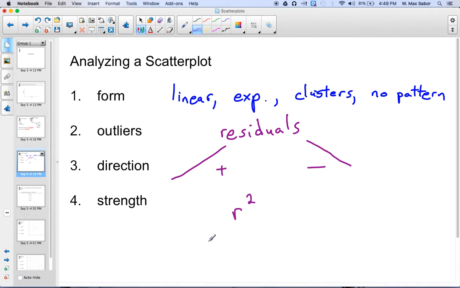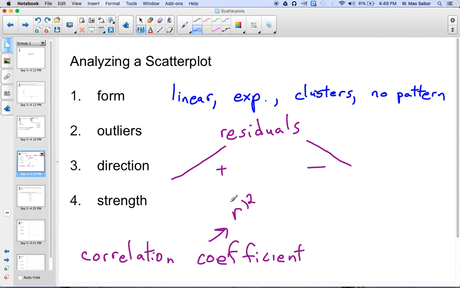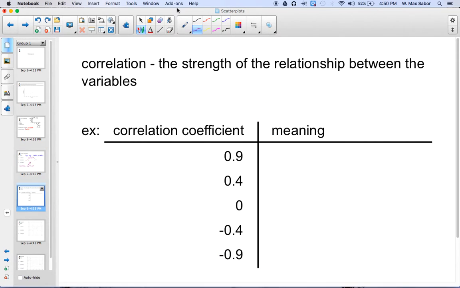R is a correlation coefficient, and then we square that, and that will determine the strength of the correlation. So correlation is the strength of the relationship between variables.